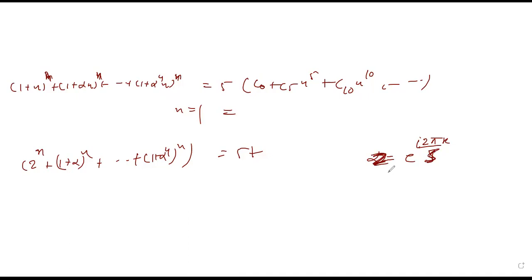So if we put k equal to 1, your alpha will be e raised to the power iota 2 pi by 5. Your alpha square will be e raised to the power iota 4 pi by 5. And this will come e raised to the power iota 6 pi by 5. If we put 4, that will come e raised to the power iota 8 pi by 5 only.